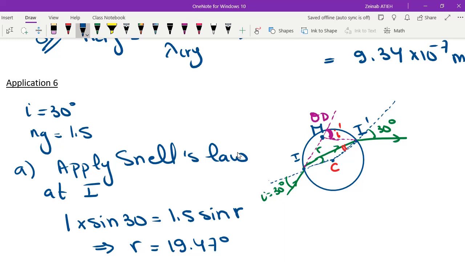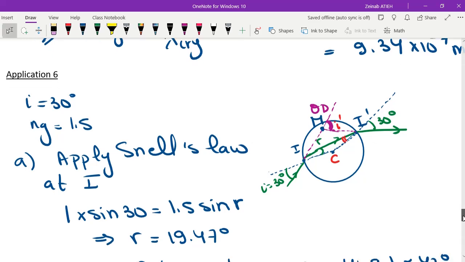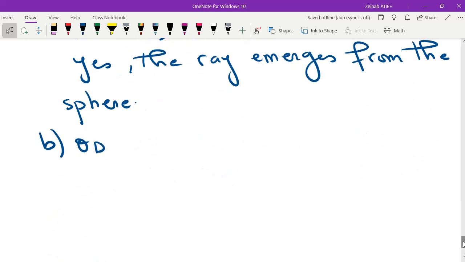I will first find the angle ICI prime. In the isosceles triangle ICI prime, I have angle I equal to 19.47 and angle I prime also equal to 19.47. So I can find the angle ICI prime because the sum of angles of a triangle is 180. Let me find it first, and I will tell you why I am finding it. We are searching for the angle of deviation.